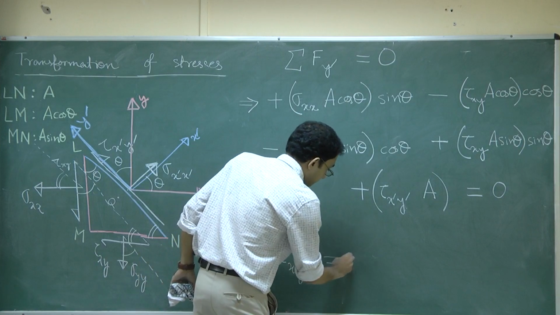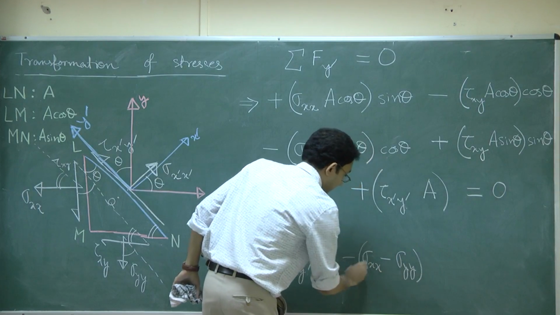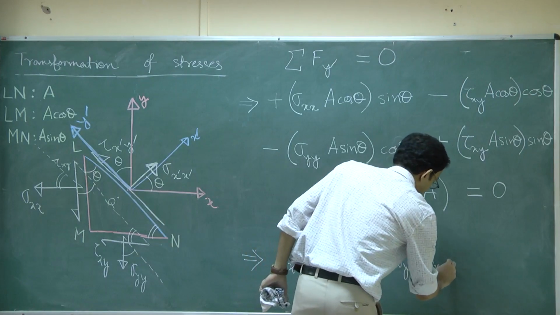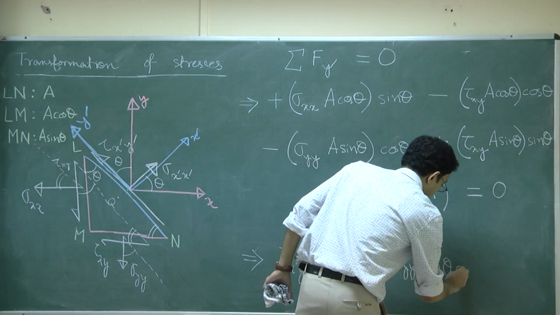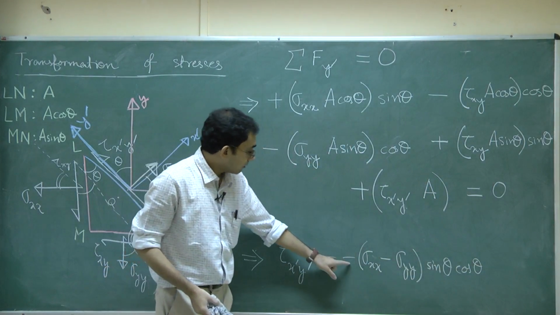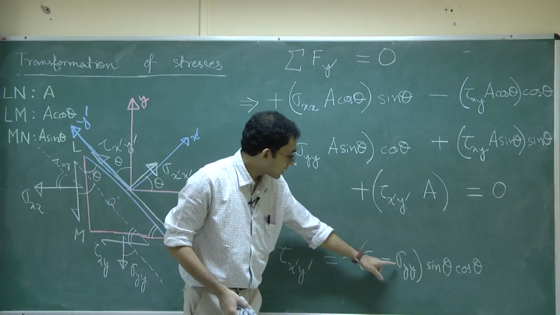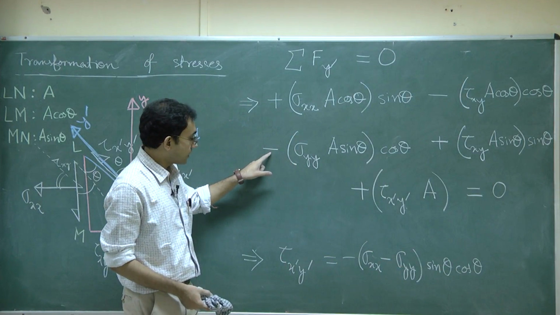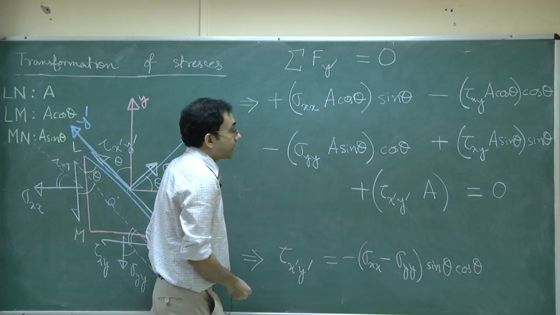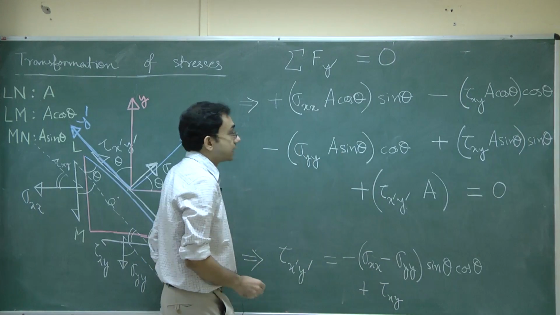So, you please check, this plus becomes a minus sigma xx sin theta cos theta. On the right hand side, I have a minus minus plus of sigma yy, and this was actually a minus here. So, this is very much correct. Next, for the tau xy term, all that I need to do is write it like tau xy, taking that as common.